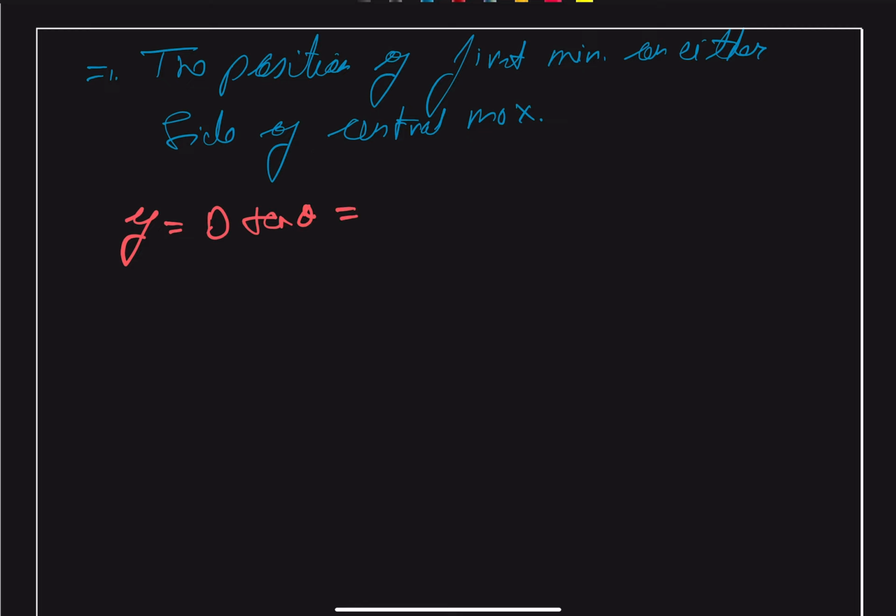So we can write this as 3 by square root of 7 and 1 by square root of 15 meters.